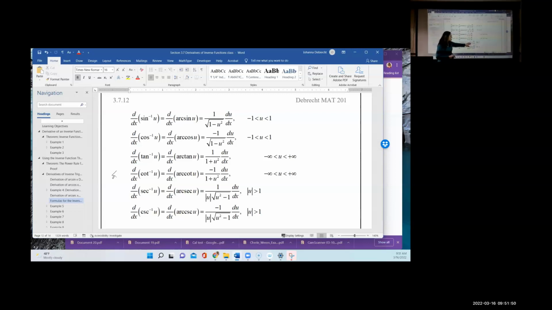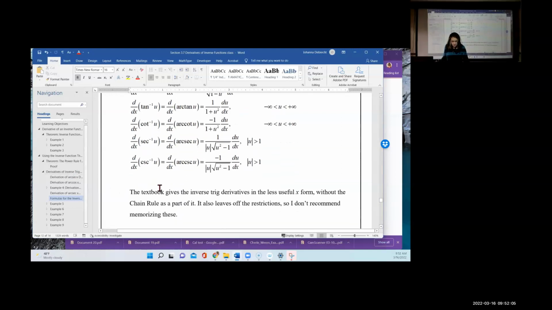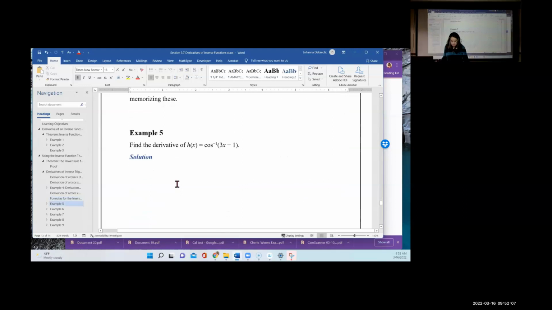So notice that these are identical formulas as well. The only difference is the arc cosecant has a negative on it, right? So these are all of our formulas for the derivatives of the inverse trig functions. And now we just want to practice it.